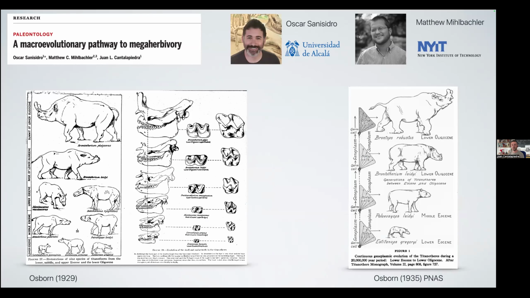And it's cool because brontotheres were at the core of evolutionary discussion in the 1920s, and many times they were used to defend views of evolution that were not really very Darwinian. These were progressive lines of evolution with mechanisms of recapitulation and things that were not in accordance with Darwinian thinking.